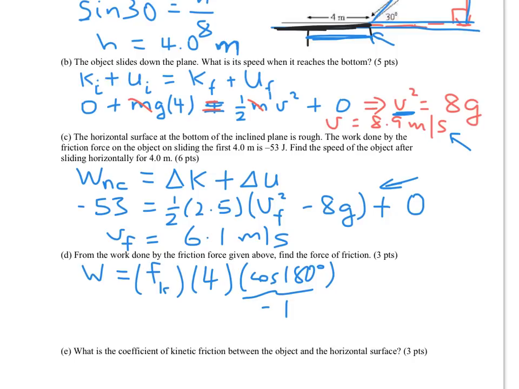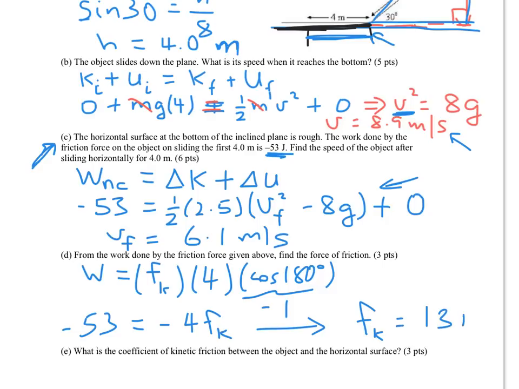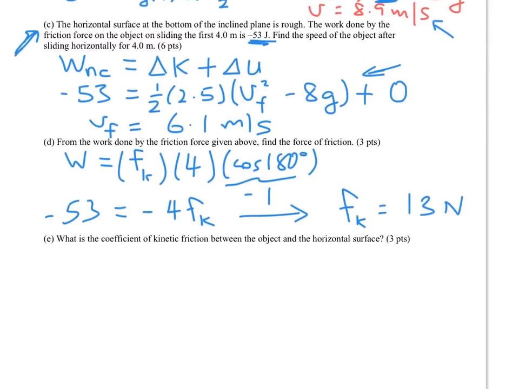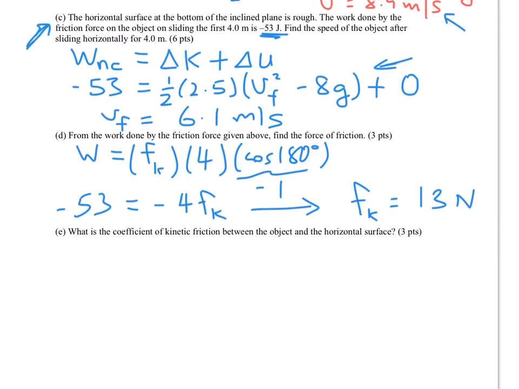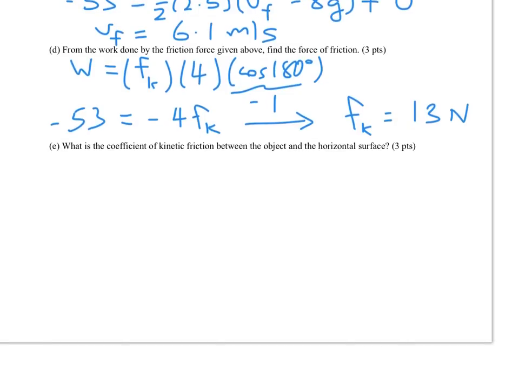But in part C, you are told that the work done by the friction force is minus 53 joules. So this is equal to -4 F sub k. And working this out, you get F sub k is equal to 13 newtons, to two significant figures. Now finally, you have this part.